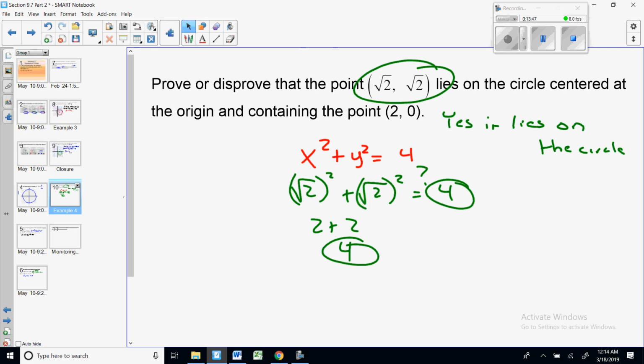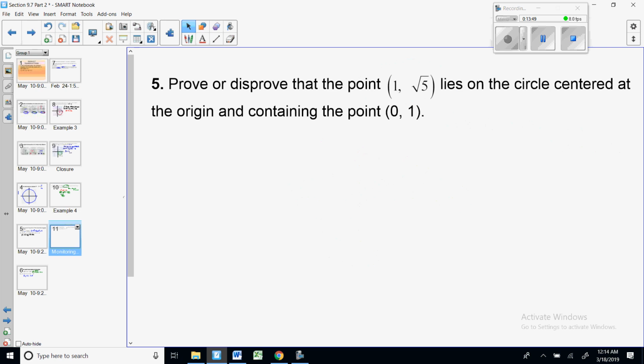Here's another example. We want to prove or disprove that the point 1, square root of 5 lies on the circle centered at the origin and containing the point 0, 1. For this one, our equation centered at the origin is x squared plus y squared. If our point on the circle is 0, 1, that means our radius is 1.